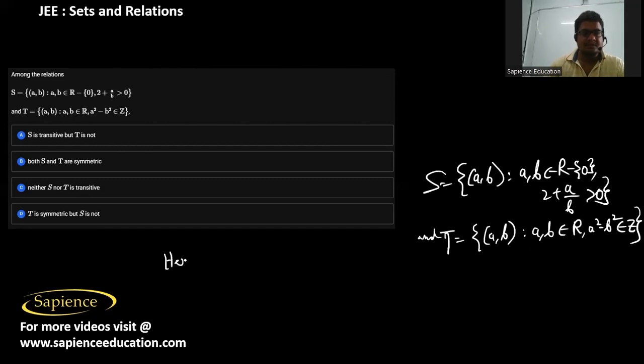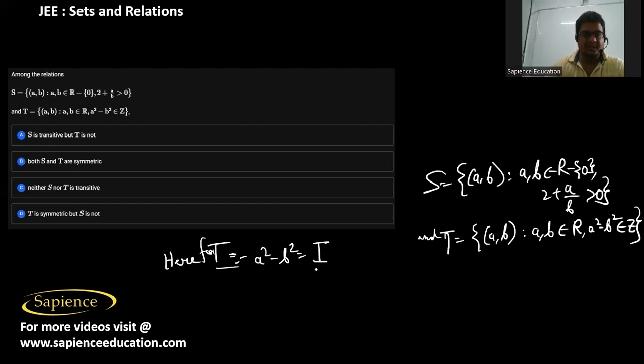Now here you can see for the relation T, we have A square minus B square should be equal to an integer.